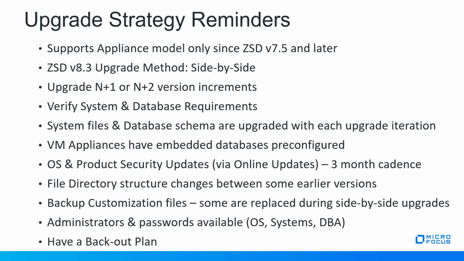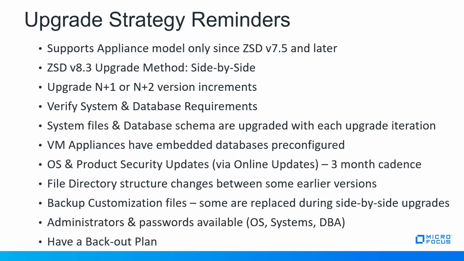We also upgrade N+1 or N+2, meaning if you're at 8.1, you can upgrade to 8.3, or if you're at 8.2, you can upgrade to 8.3. But if you're at 8.0, you have to get to one of the other two in order to upgrade to 8.3. You want to verify your system and database requirements ahead of time. If the database happens to be not supported on 8.3, upgrade your database on your older system before you upgrade to 8.3.